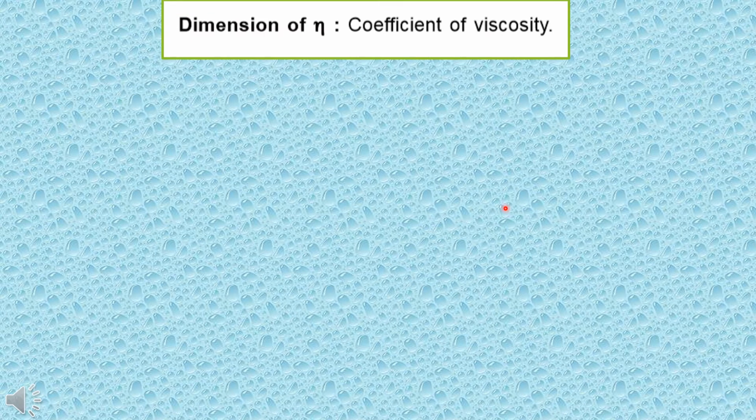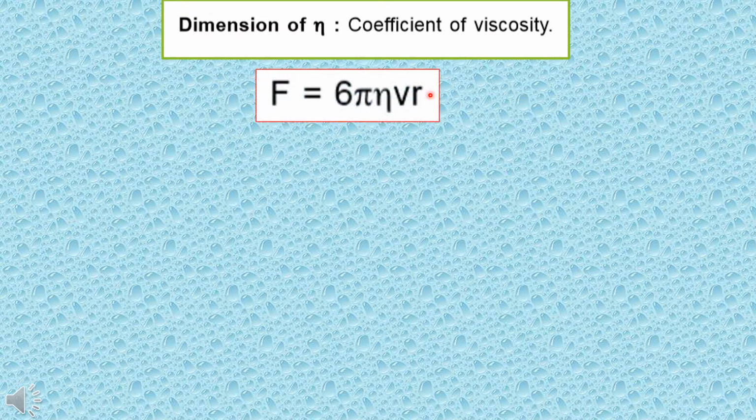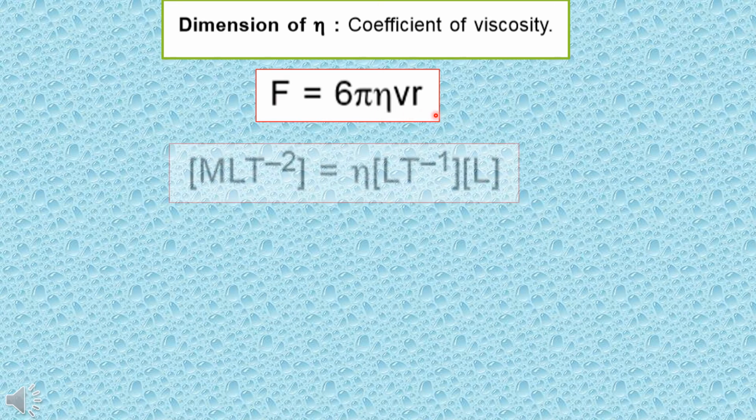Dimension of eta, coefficient of viscosity. From the formula we know that F is equal to 6 pi eta v r. Now you will calculate the dimensional formula of force and of velocity, as we have already calculated in previous slides.